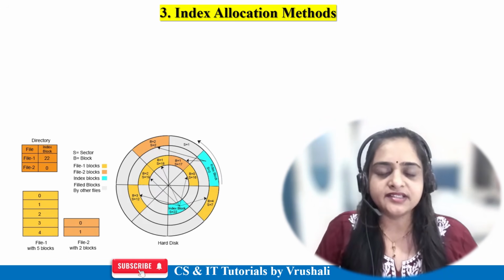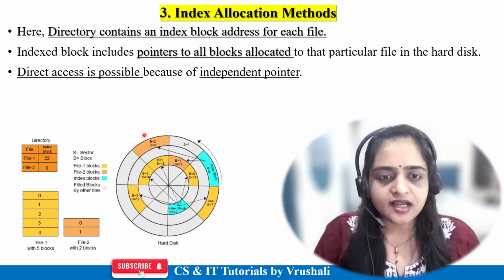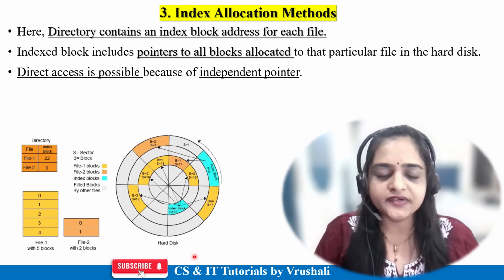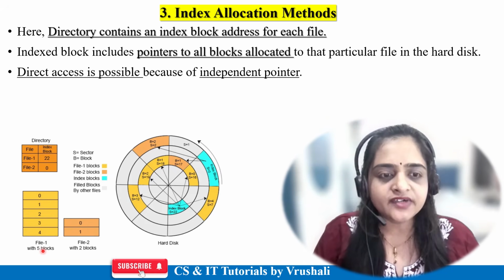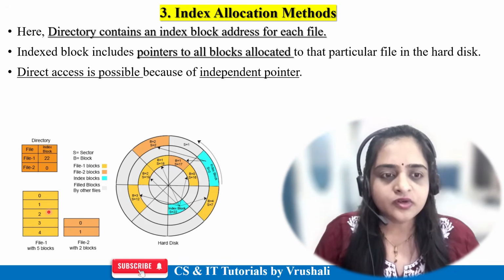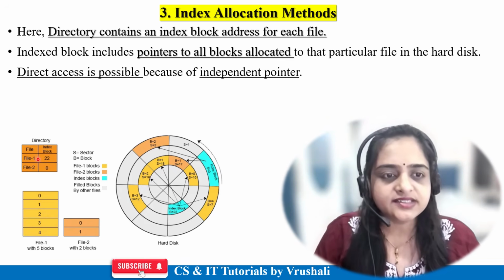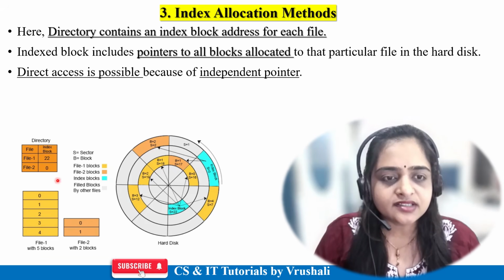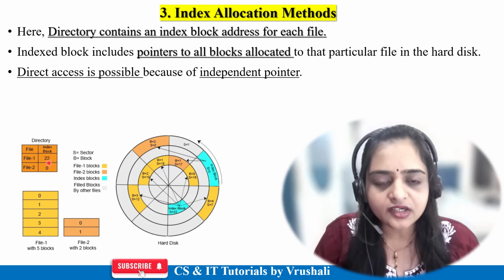index allocation method. See here, again the same example. Assume that this is a hard disk in your system and the user wants to store file 1. File 1 requires a total of 5 blocks on the hard disk. So here the operating system uses the index allocation method. See here, in this directory table, file 1 stores the index block, and the index block is 22.